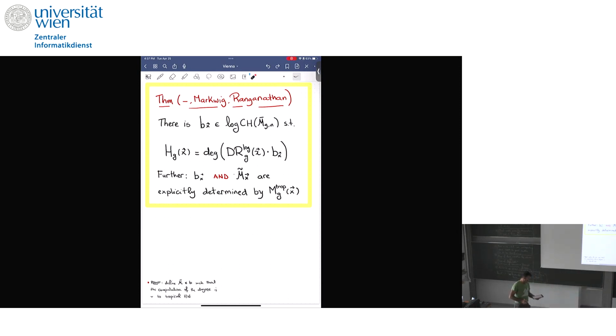Let me say only a couple of words about the proof and then show it in an example. The proof, after all this work, is a little bit anticlimactic, because we have this tropical algorithm to compute double Hurwitz numbers, and we can actually define this branch polynomial, this element in the log Chow ring, so that when you intersect it with the log DR, it produces precisely this algorithm.